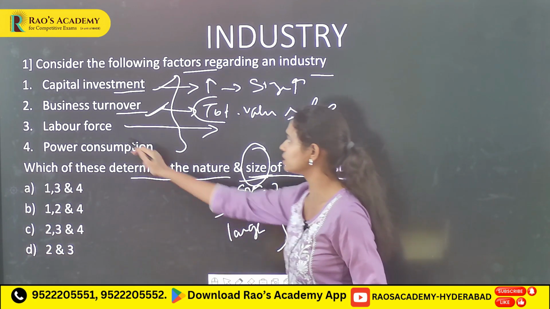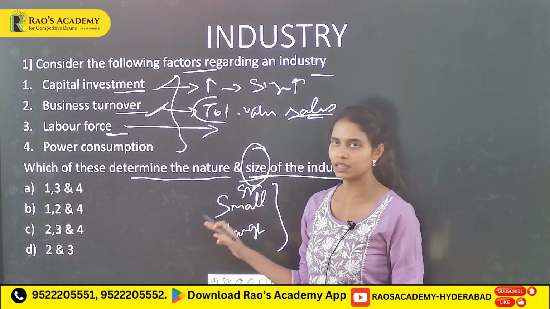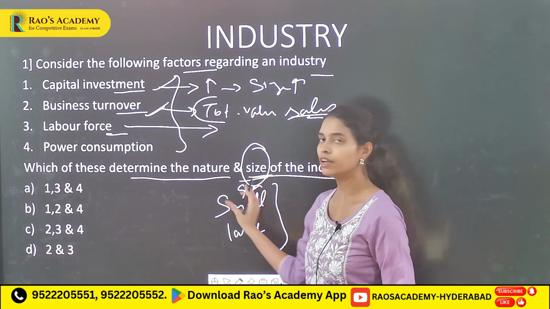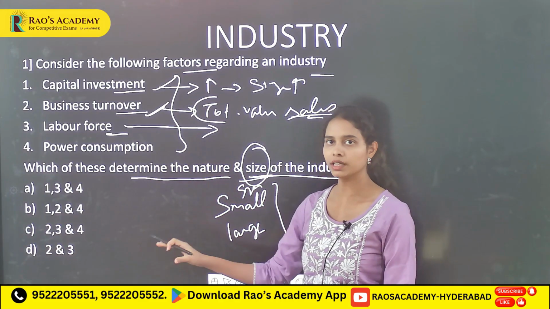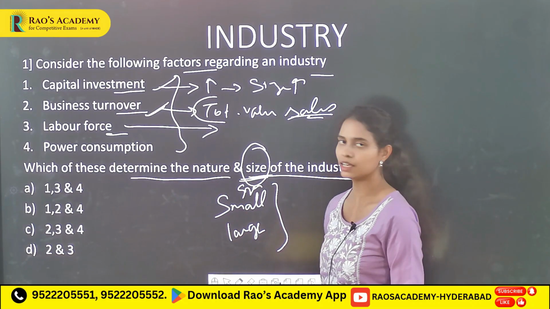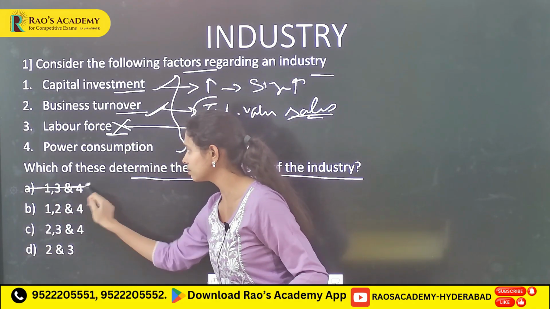Here the term labor force refers to the total number of workers present in a particular industry. So the size of the industry is going to determine the labor force, but the labor force is not going to determine the size of the industry. So in that context the third one is an incorrect one.